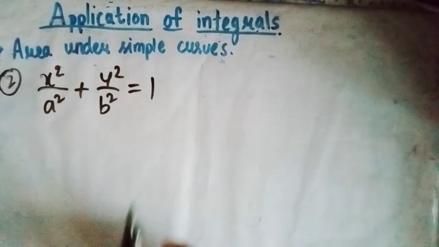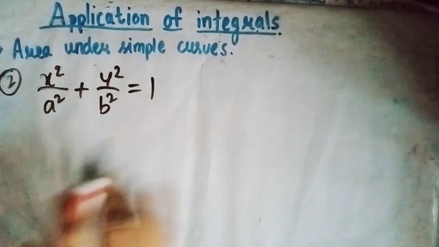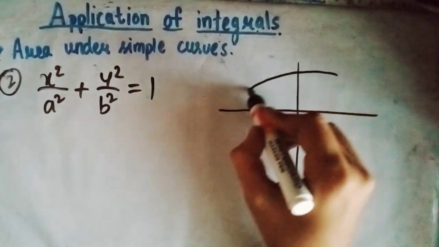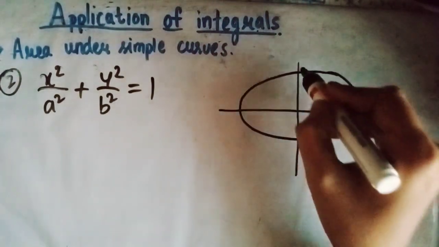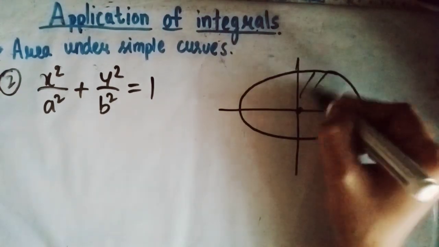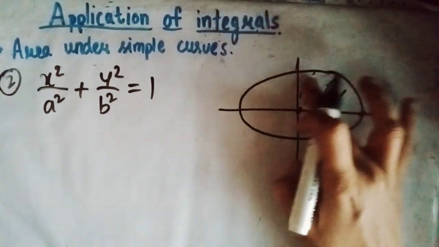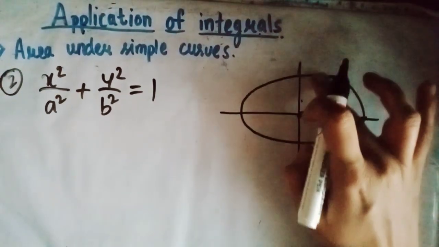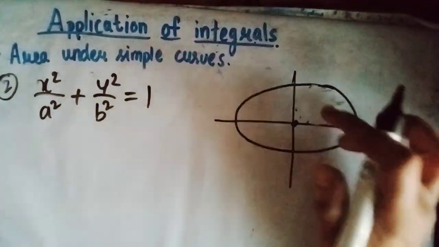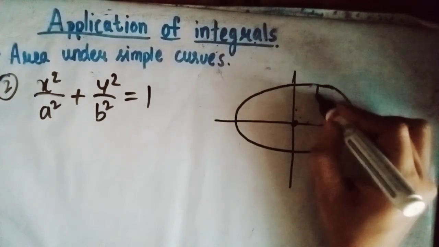Now in this one you have to find the area enclosed by an ellipse. This part we are considering. You can take any strip, x or y. Let's take the x strip.